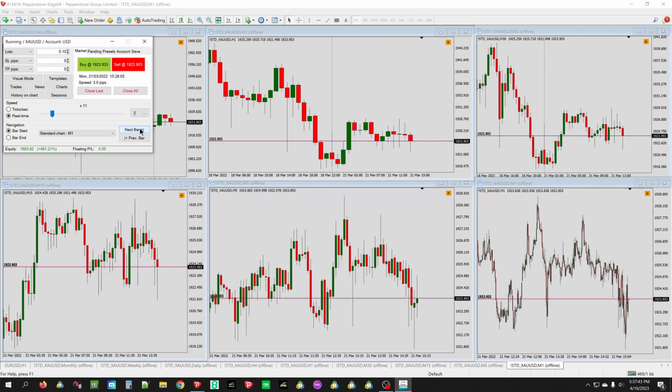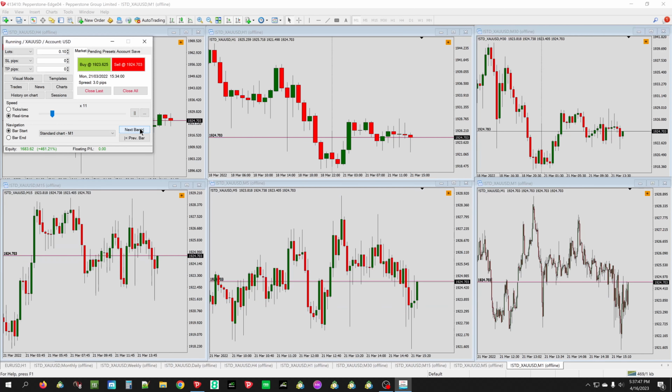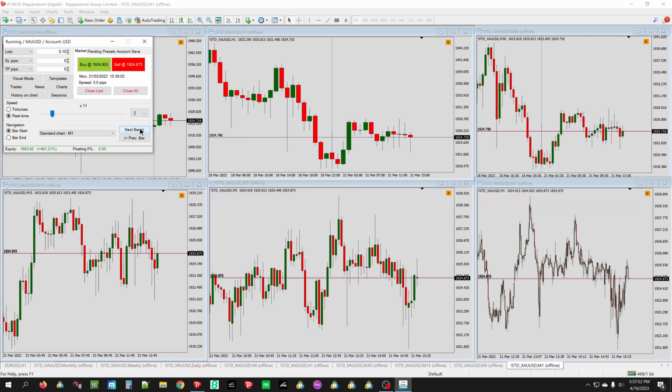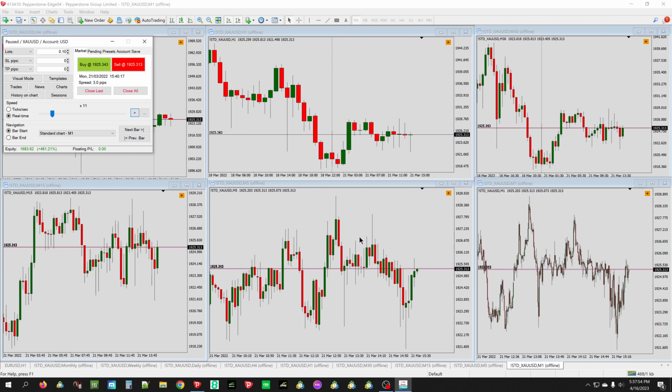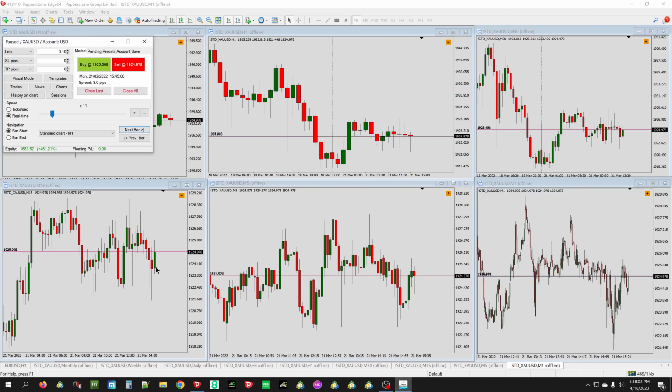Now I will just fast forward a little bit because today there is a lot of consolidation and we just need to wait. All right. If I look in here, there is nothing that I can see, and the M15 candle closed right in here.